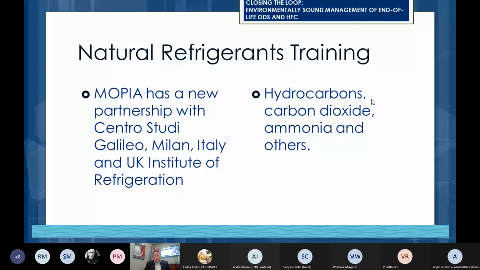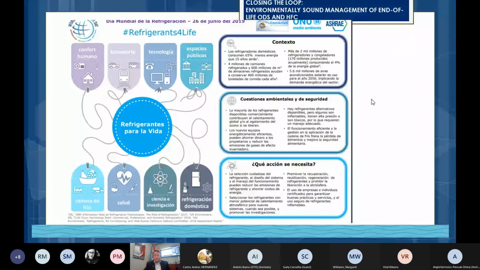Refrigerants for Life is what it's called, or refrigerants naturally. So next slide. There's this, I have it only in Spanish, and of course, if you go to the next slide as well, please.